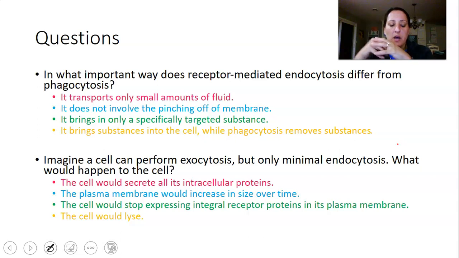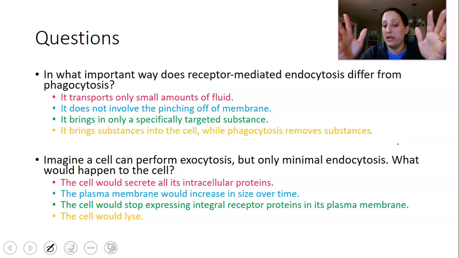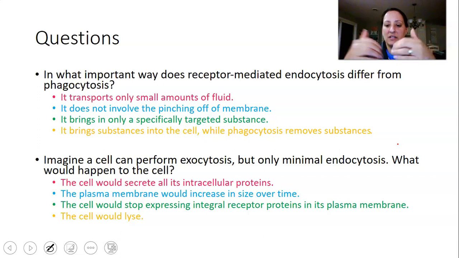Next question. Imagine a cell can perform exocytosis, so it can release stuff out, right? The membrane of that vesicle would fuse with the plasma membrane just fine. But that cell could only minimally endocytose, so it really can't take stuff in so well. What would happen to the cell over time?